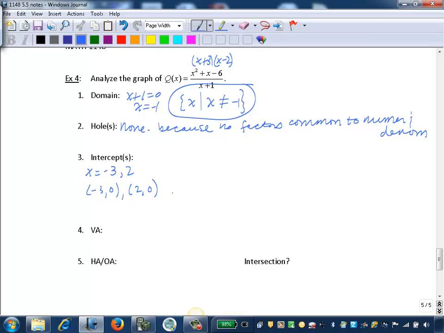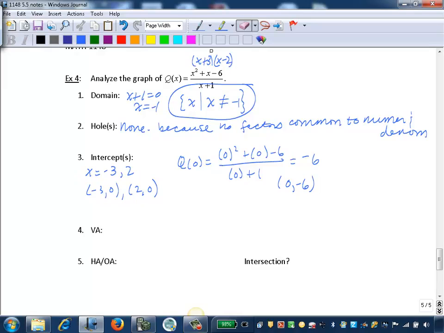And then our y-intercept: we want to evaluate our function when x is 0. So we want to find q of 0. You can put it into the factored form or the original. If I put it into the original, 0 squared plus 0 minus 6 over 0 plus 1 gives us negative 6. So we have a y-intercept at negative 6, the point (0, negative 6).